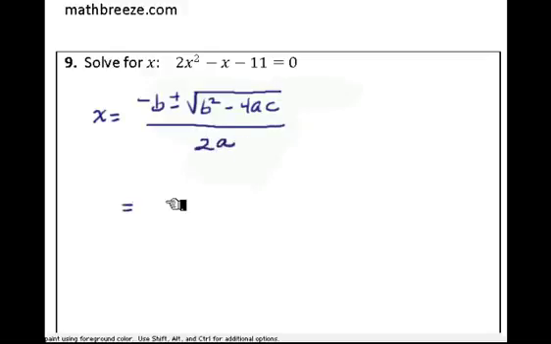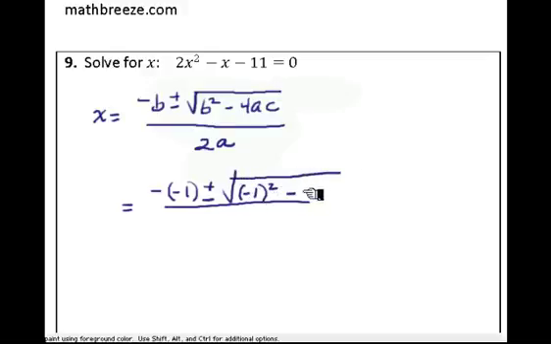All right, let's just fill in now. b is minus 1, so that's minus minus 1 plus or minus the square root. b squared, that's minus 1 squared, minus 4a, a is 2, c is minus 11, over 2a, over 2 times 2.